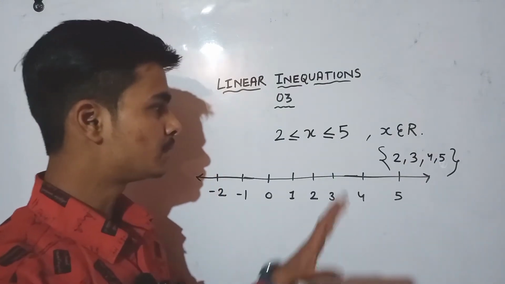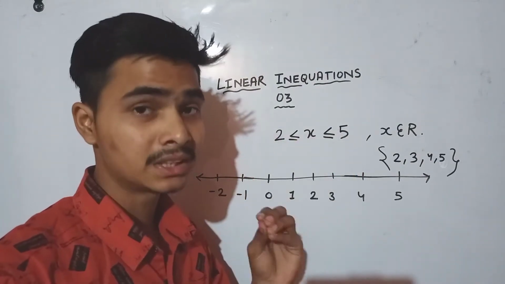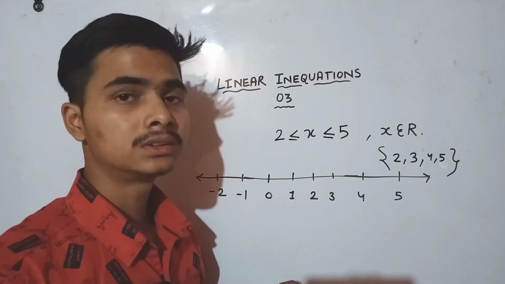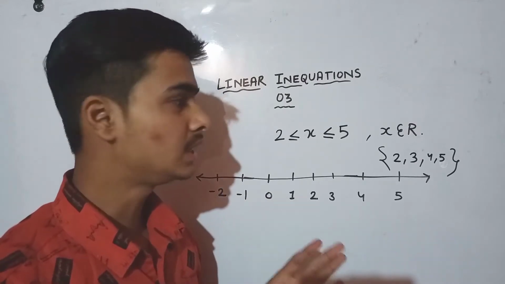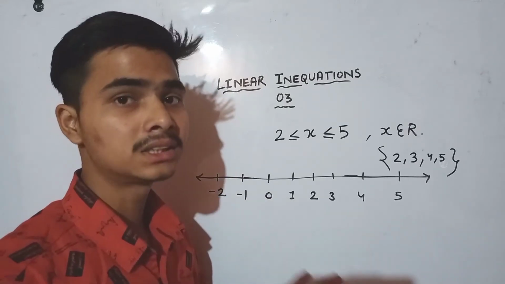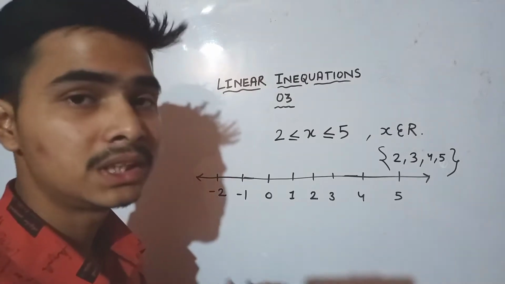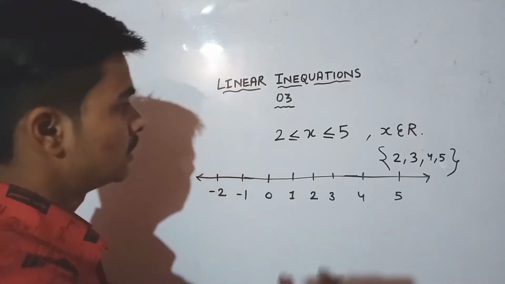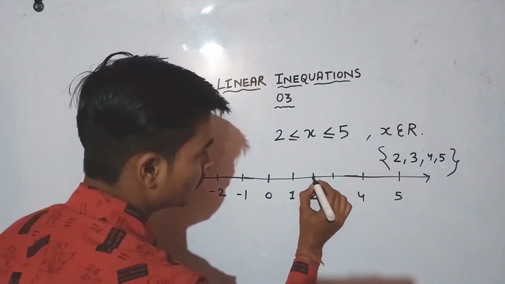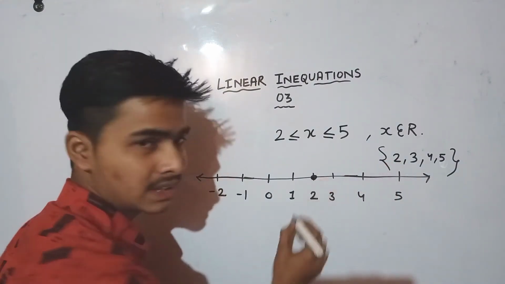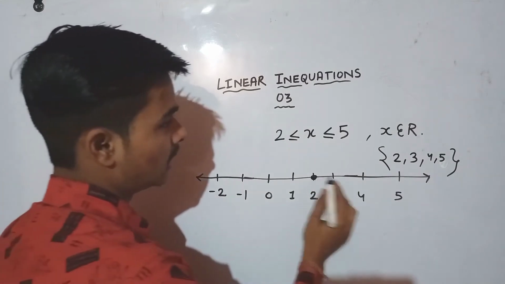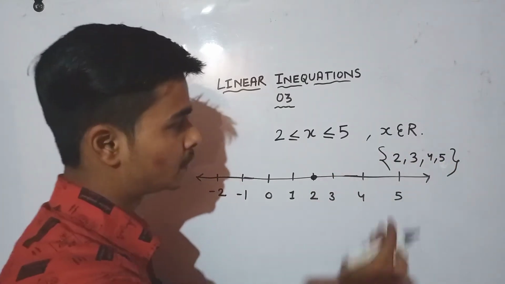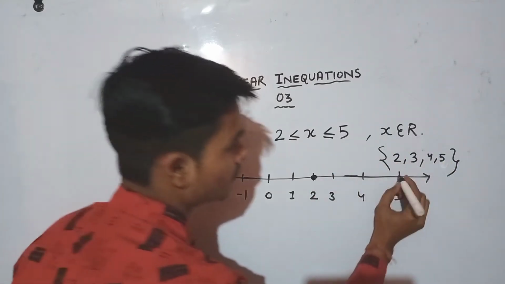Now, how are we going to represent a real number? Understand it very carefully, because representation of a real number on a number line is something different from natural number, whole number and integer. Starting from 2, make a thick dot here, so that it is visible, and 5 is also contained. 2 is also there, so 5 is also there.